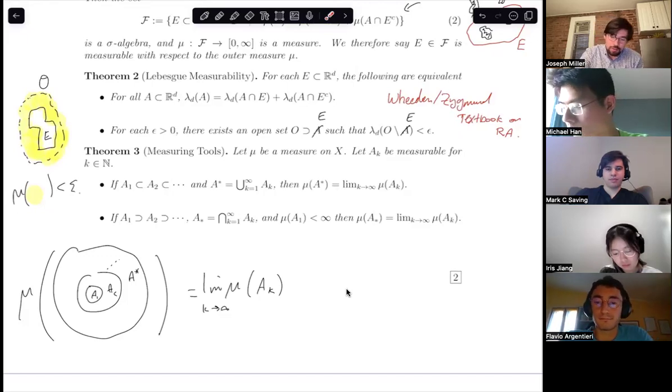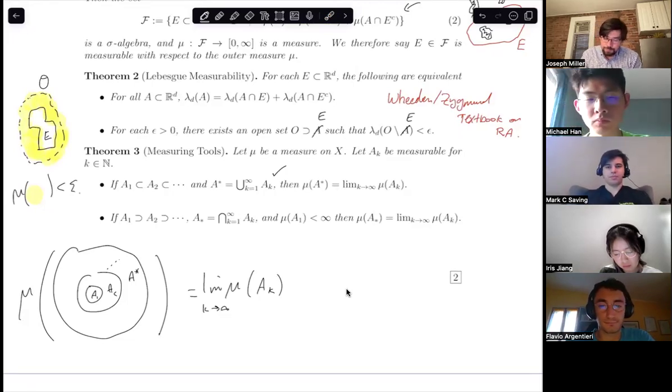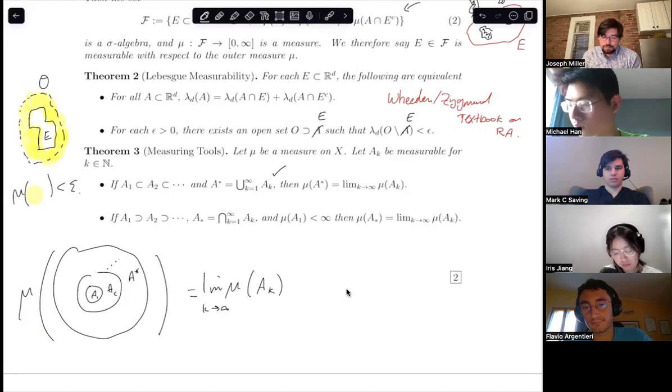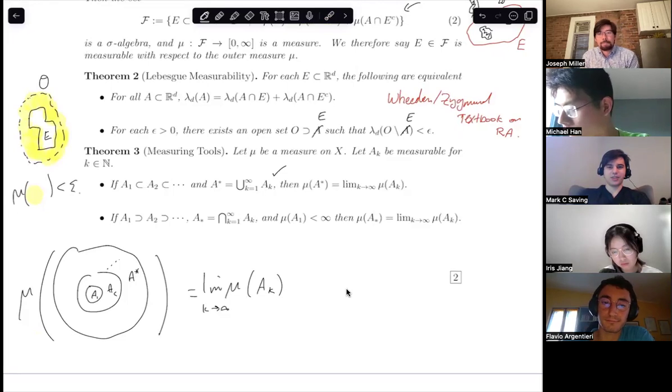So I know that this guy is good. I can measure this guy. What else? How would you actually prove this? Does anybody have any suggestions? You can just take the differences of the successive sets, and then you get a disjoint union.